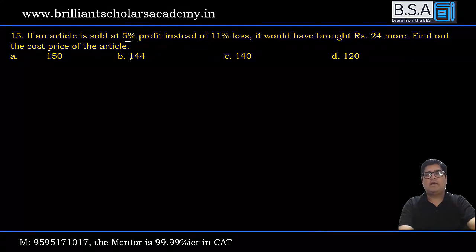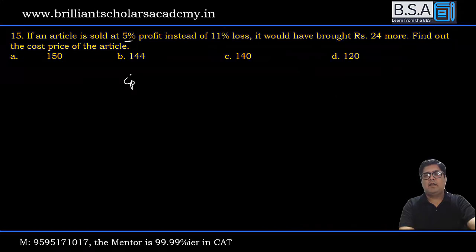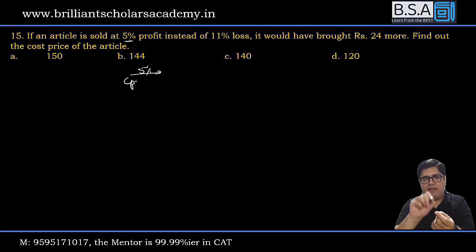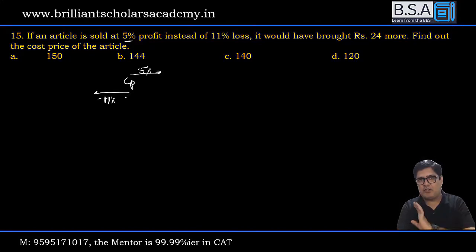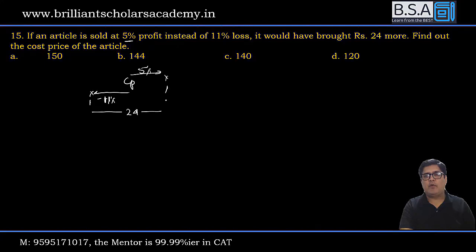So earlier there was a 5% profit. The value was 5% above cost. In the second case, there is a loss of 11% on the same cost. And between these two values, there is a gap of 24 rupees.